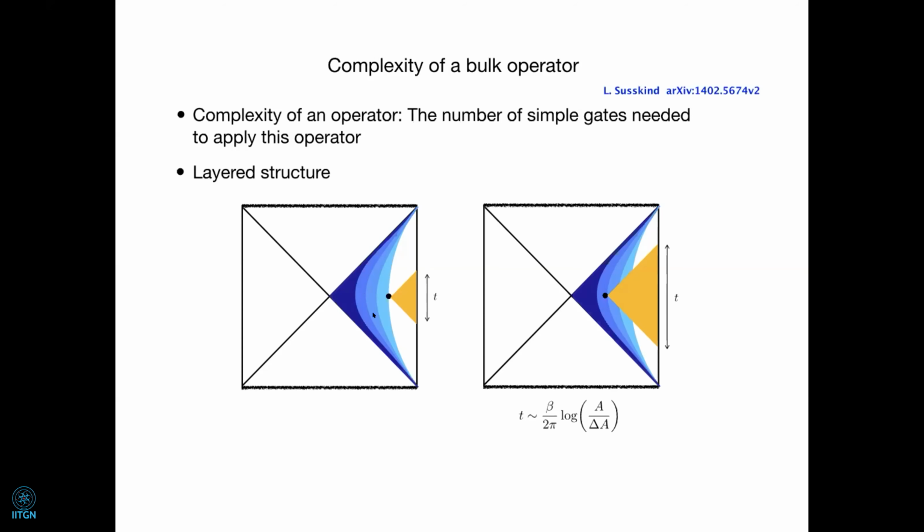In particular, let's say we have a black hole in the bulk, and we imagine what will happen if we move this operator closer and closer to the horizon. One will see that the length of this interval will blow up. To be more quantitative, the length of this interval, t, roughly goes like beta over 2 pi times log of A over delta A, where A is roughly the transverse area of this point, which as one approaches the horizon is roughly given by the horizon area, and delta A is the area difference between this point and the horizon area.